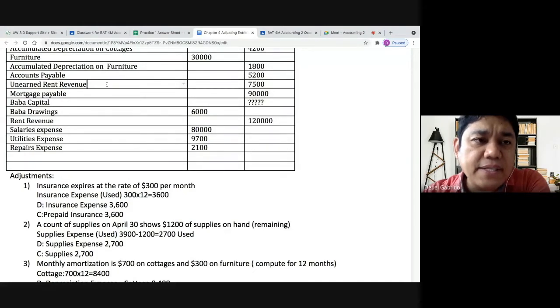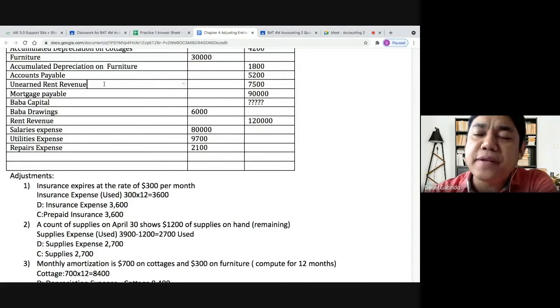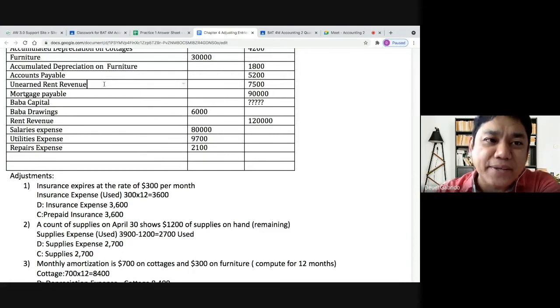Okay, so what shall we do? Unearned rent revenue. It's like the customer paid us in advance, right? For the rental. Remember again, when we say unearned revenue, let's say we are the landlord. We own the building. And then let's say the renter paid us 7,500 in advance.